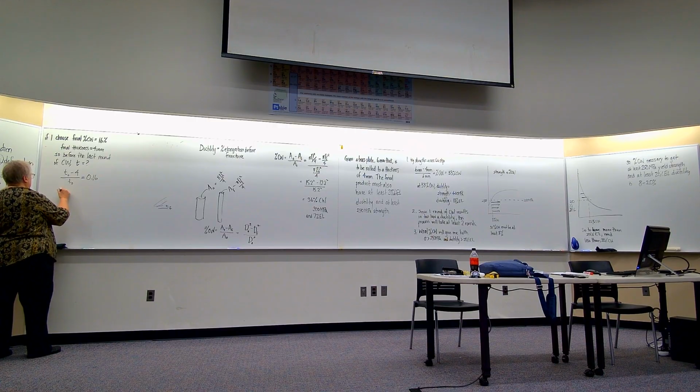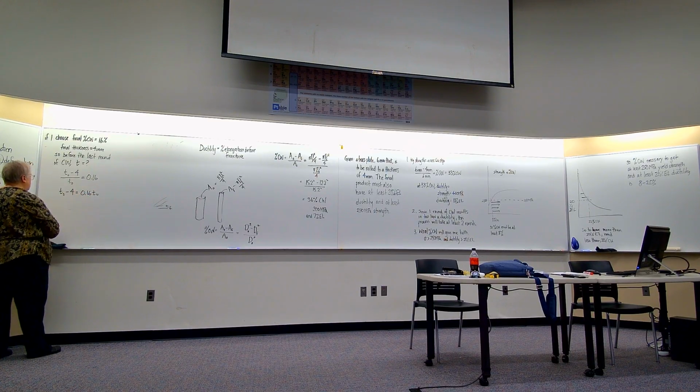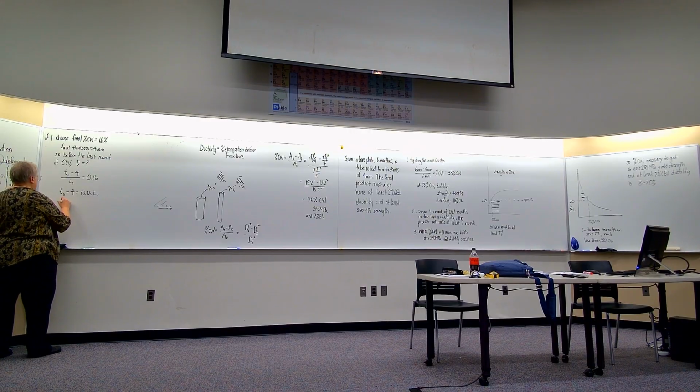So T0 minus 4 is equal to 0.16 T0. So 0.84 T0 is equal to 4.